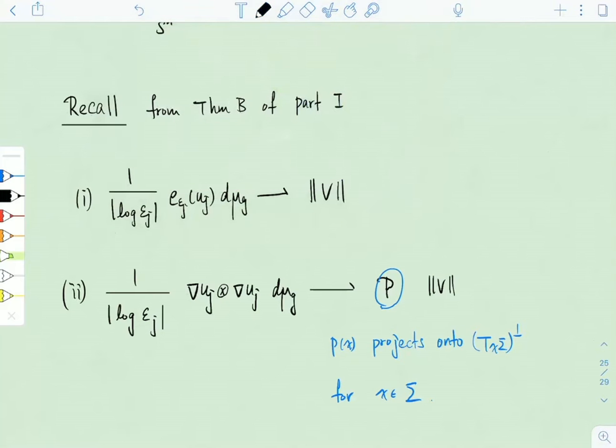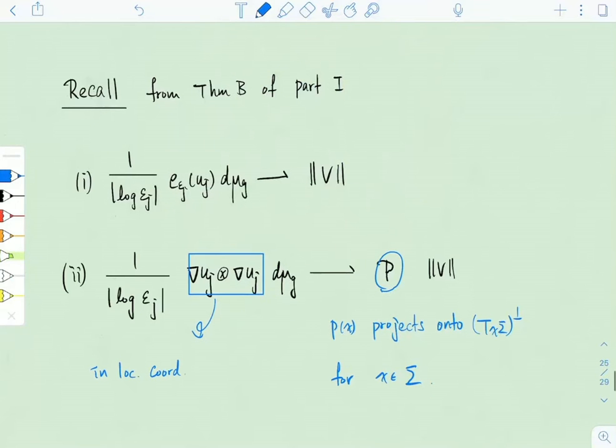Okay, so over here, what I mean is in terms of local coordinates, the components of this tensor are given by just nabla_{e_A} u dot nabla_{e_B} u. Okay, so the AB component.